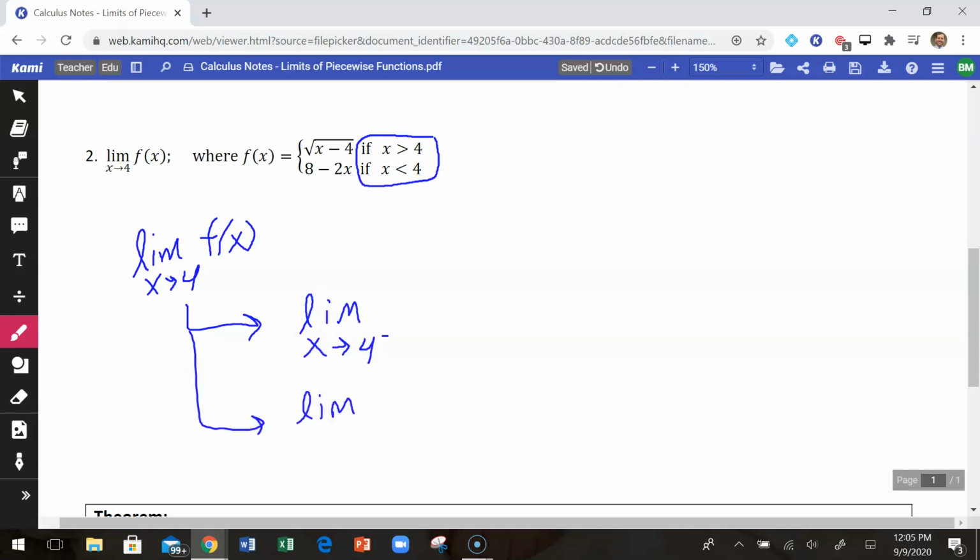So it's one-sided limits. Okay? So we're going to look at what happens as I approach 4 from the left of 4 and what happens as I approach 4 from the right of 4.